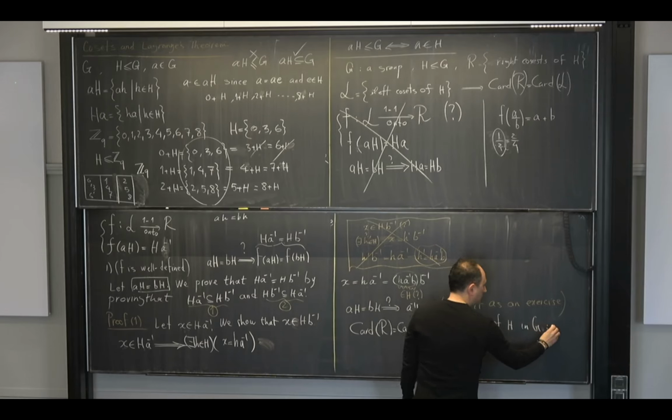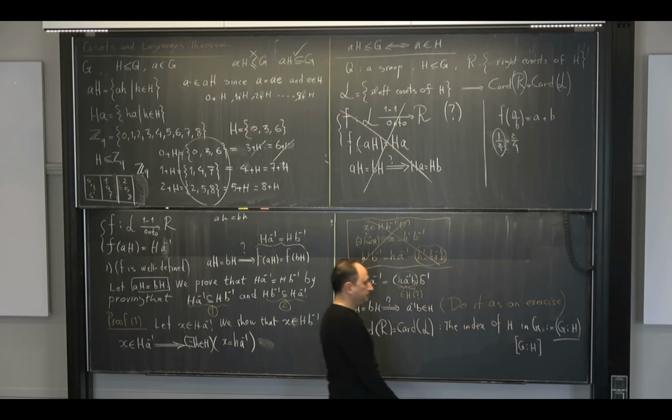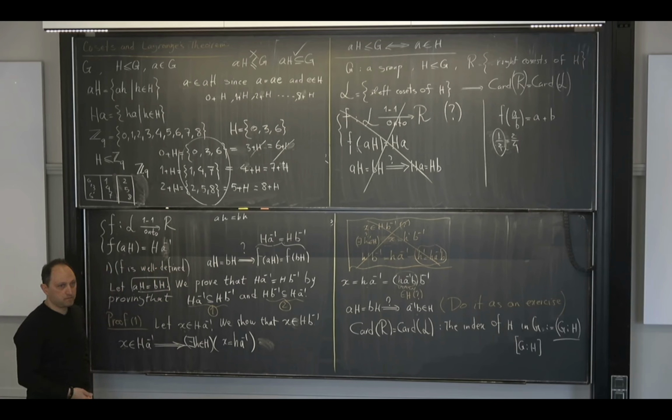It is denoted by this symbol. I don't know why the book has chosen this symbol, but this is the standard one. We put the square brackets. The book has used this one. This is called the index. Okay?